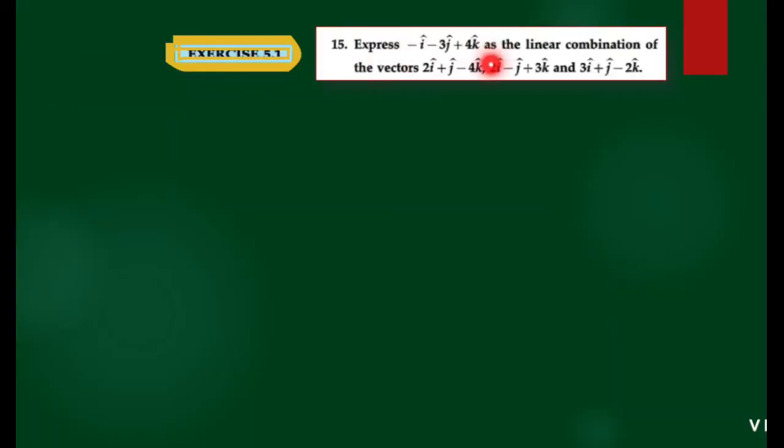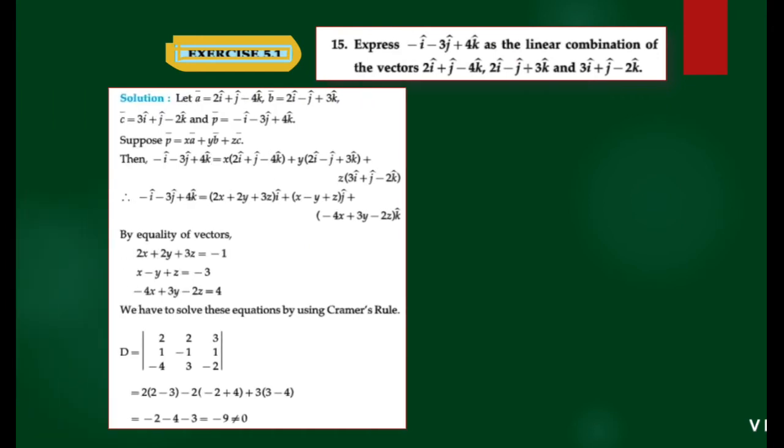Students who are interested to solve this problem by using the Cramer's rule can be solved by using Cramer's rule and check their answer by this slideshow. So see, you can write the linear combination as we solve this example. So by equality of vectors we write up to equations as it is that we see in first method, but here we solve the linear equations by using Cramer's rules only.